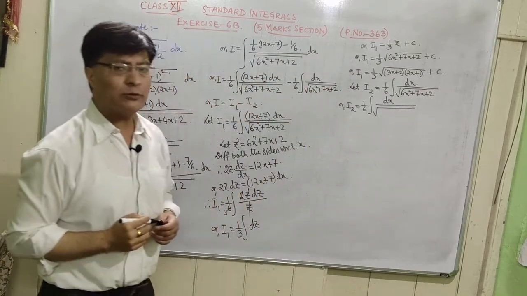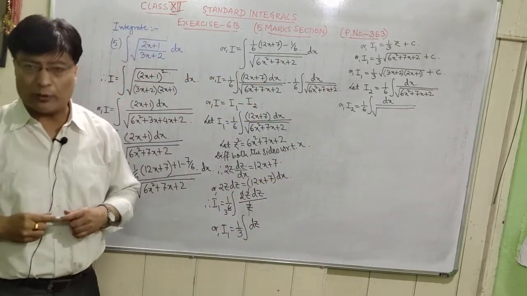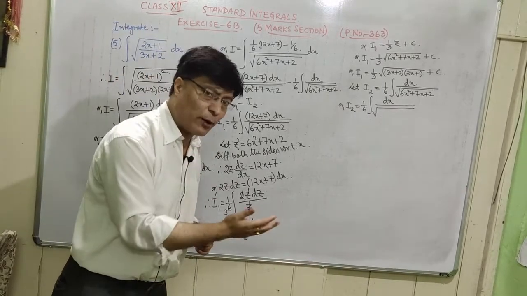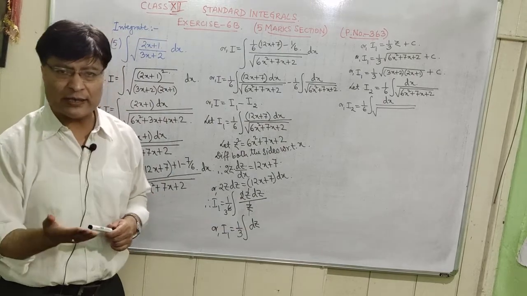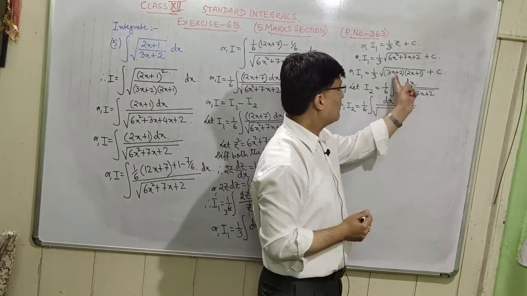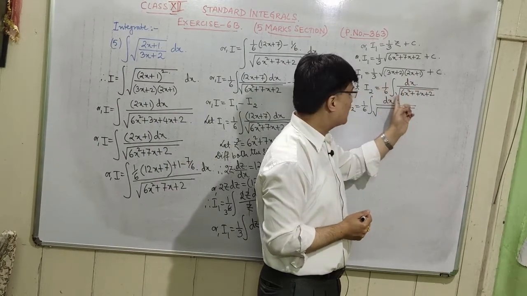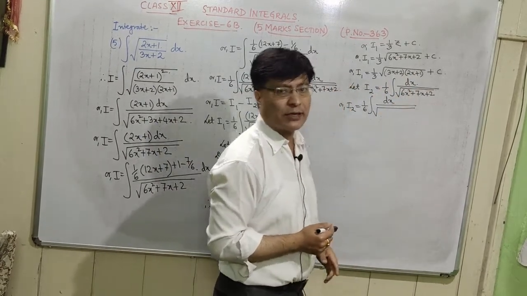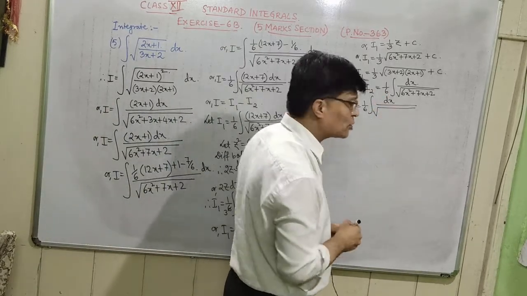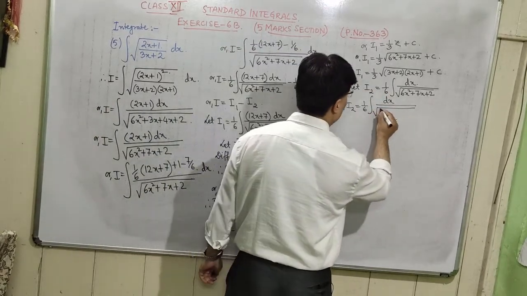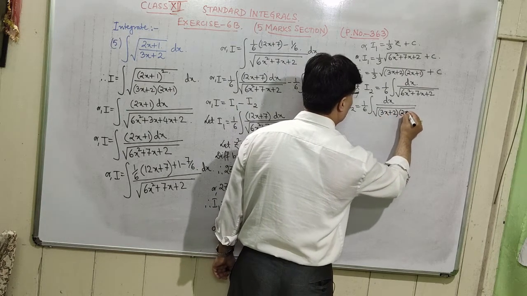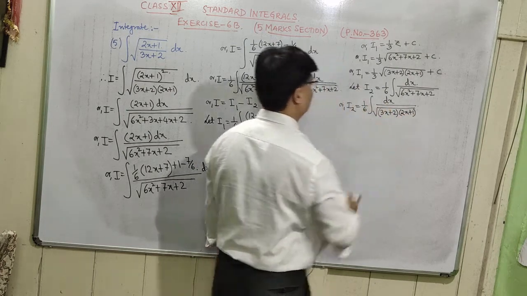I already told you that whenever the expression is under the square root and in the denominator, and the coefficient of x square is positive, if you can factorize the expression, factorize it. That means we have multiplied these two factors and written 6x square plus 7x plus 2. So the two factors are 3x plus 2 into 2x plus 1.